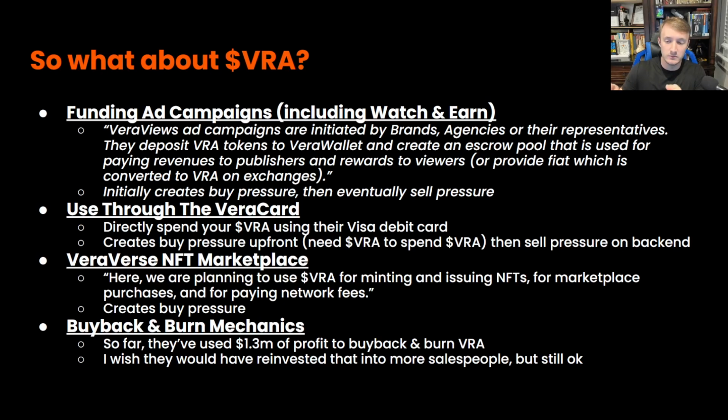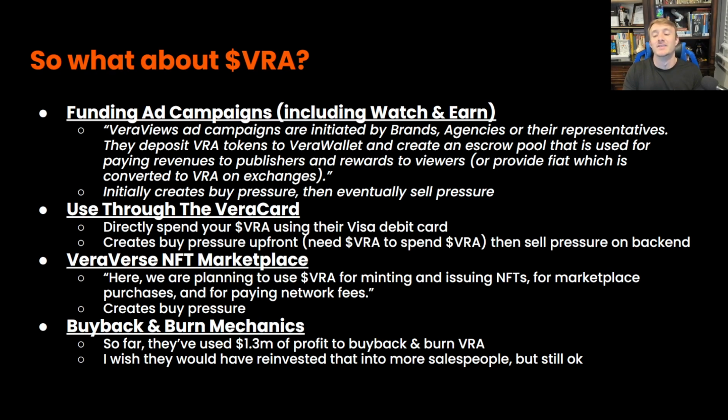Because you create the buy pressure up front because you need the VRA to spend the VRA, but then the second you sell that, most people around the world that are going to accept that are not going to keep VRA forever and hold it. They need to pay their bills too. And I don't know exactly how it works with their debit card, but if you swipe the debit card and then you sell, they're probably just going to have to immediately turn that to fiat, which is just immediately creating sell pressure, and they're doing the selling themselves.